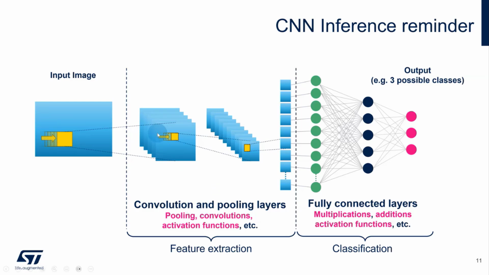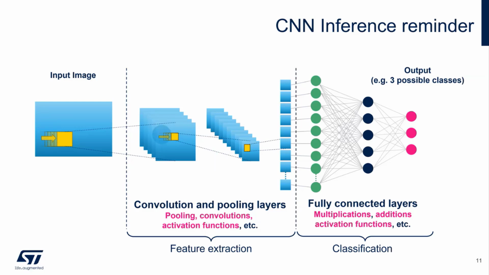It will browse the input image using a sliding window, basically. I will not go deeper into that, but it's just to give you an idea of the amount of processing needed just to perform an inference on a given image.